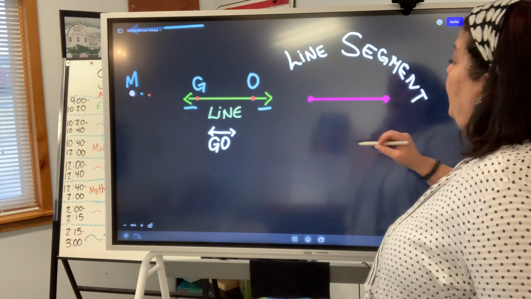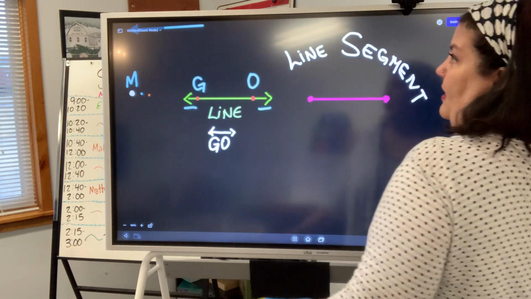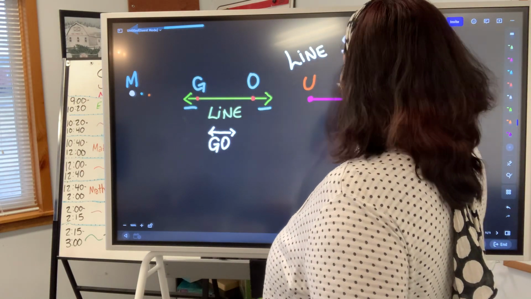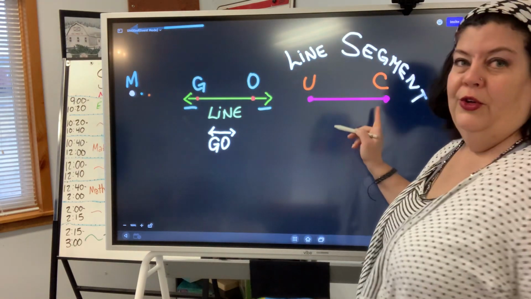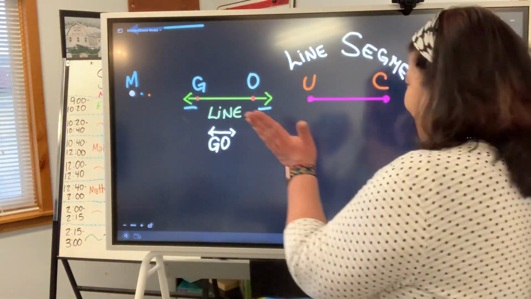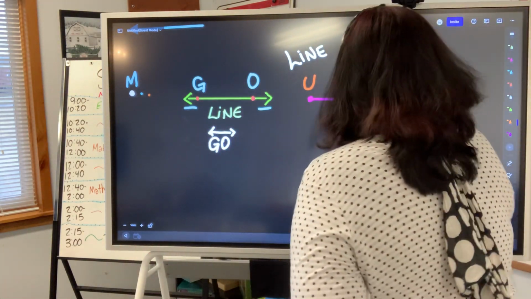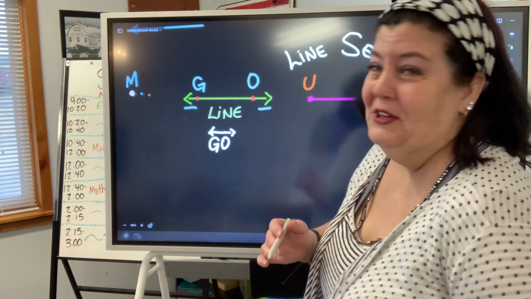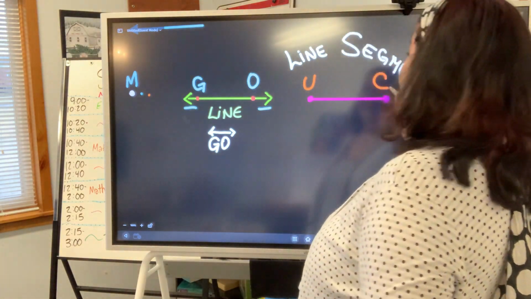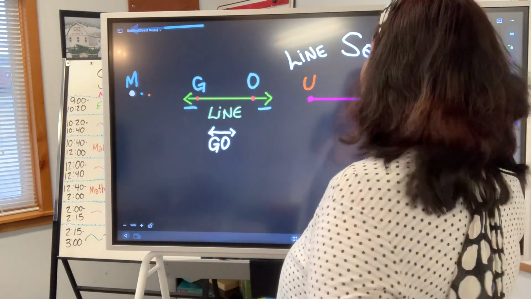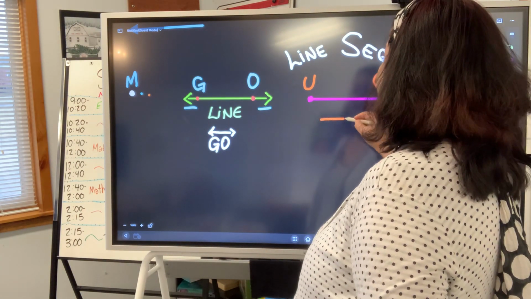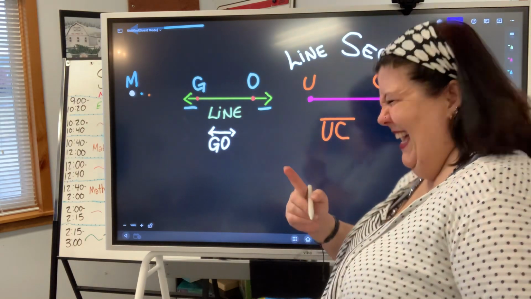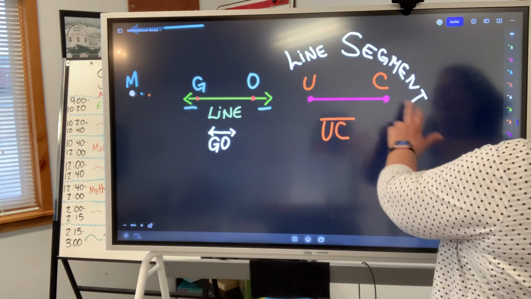So we're going to give the points names, and this time, how about U and C? Because I know you see the difference between these two. I hope you find that as fun as I did. All right, so UC also has a representation when we write it, and it's actually a little line and the letters UC. You see? And that is a line segment.